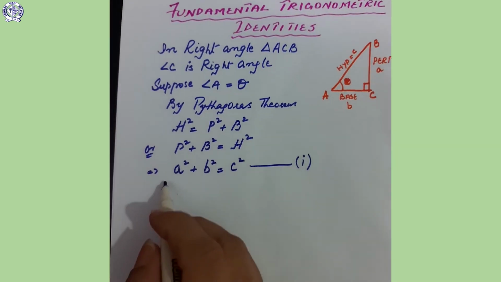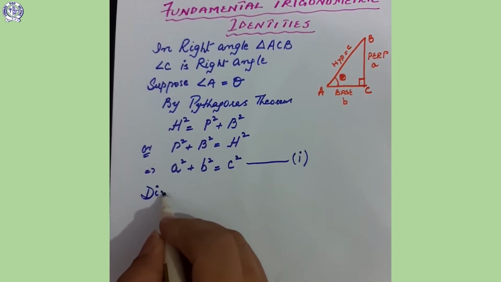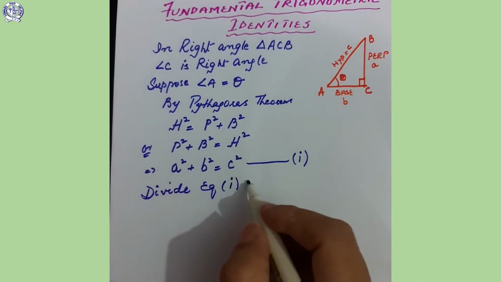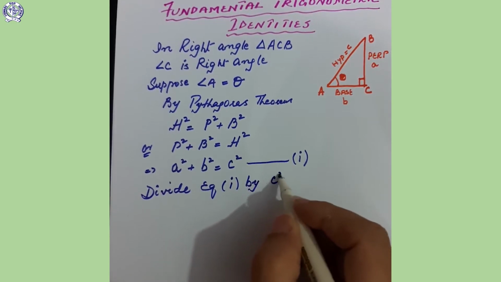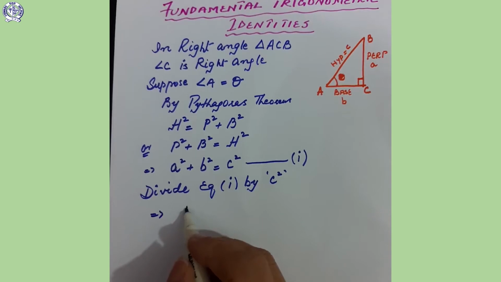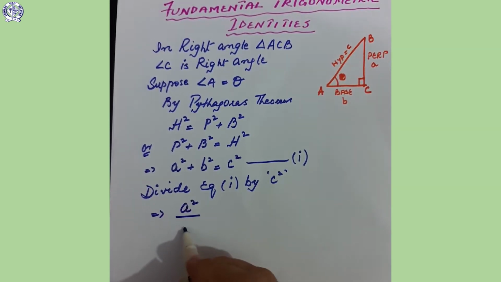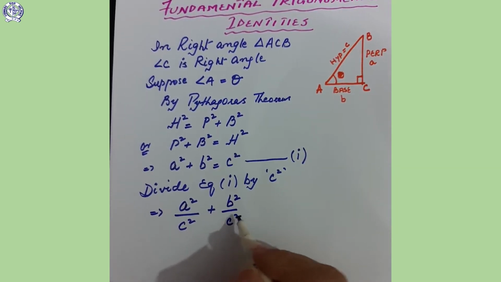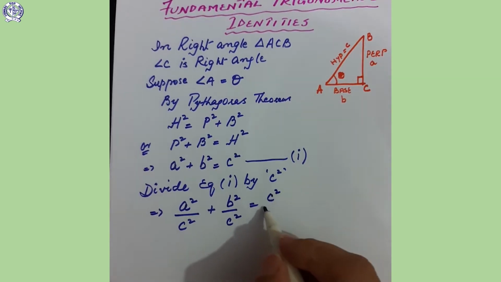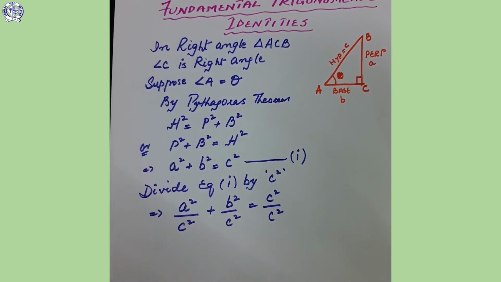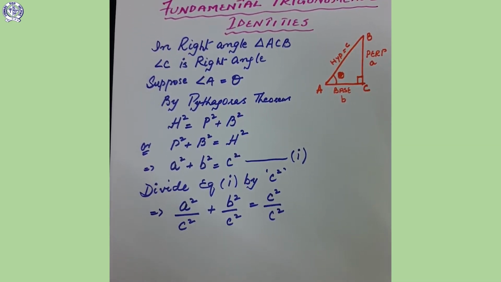So a square divided by c square plus b square divided by c square equals c square divided by c square. So we have divided each term by c square to get the first identity.